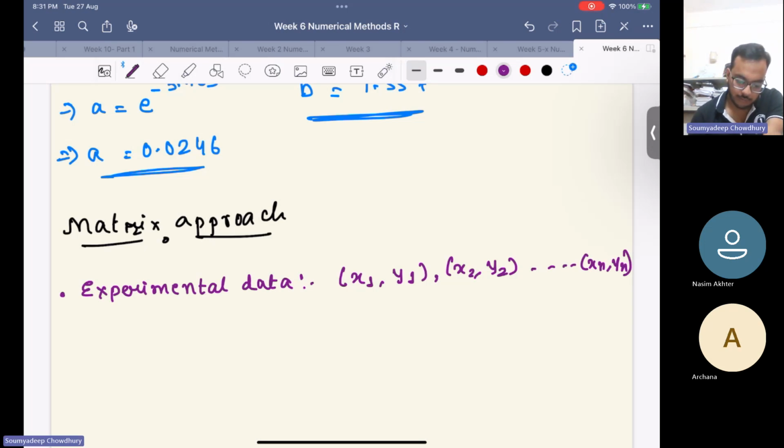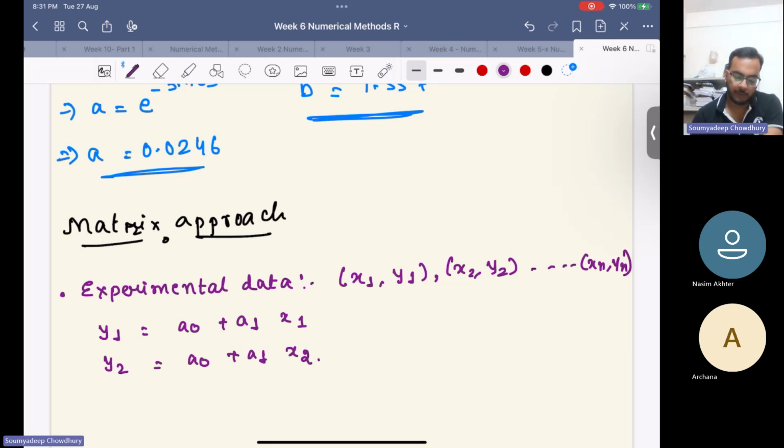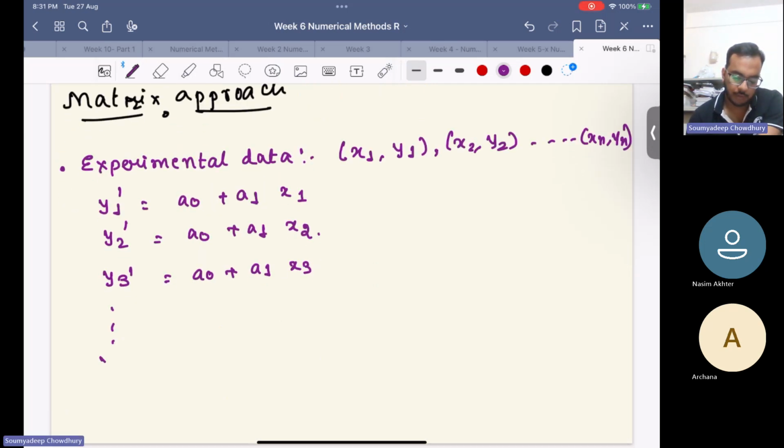So based on this, we have A0 plus A1 X. So these are the experimental data and these are the predicted values, right? Y3 dash. Like this, you will have the predicted values from the regression line.